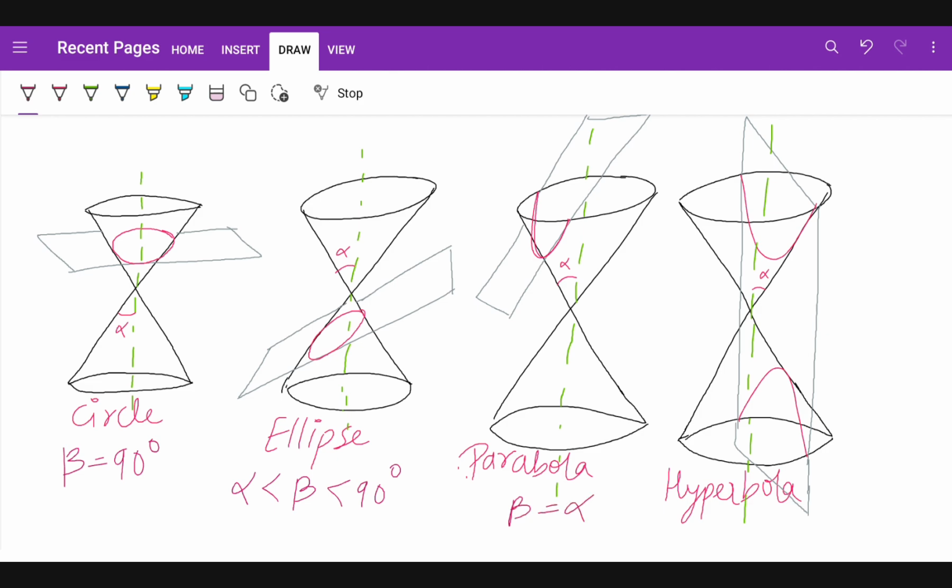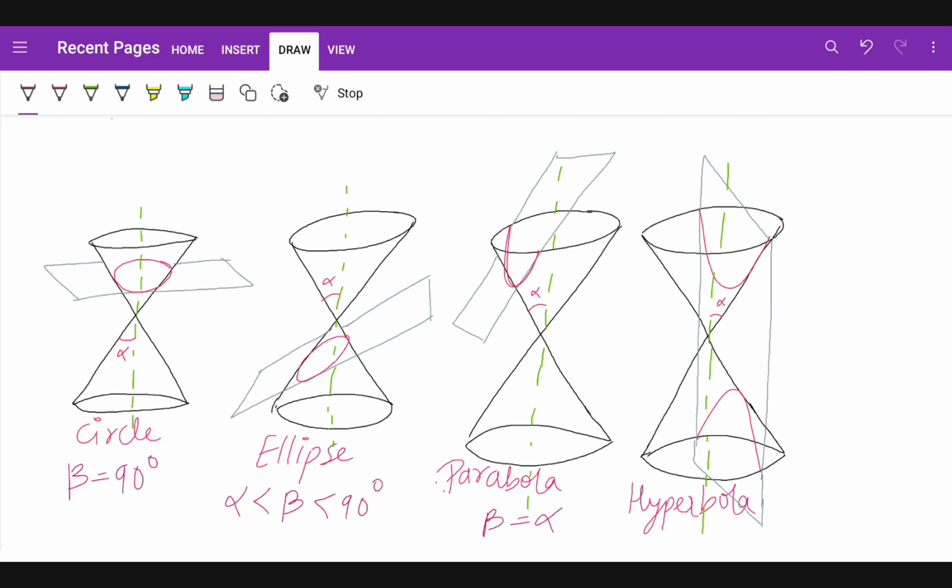In the case of a parabola, this plane will appear parallel to these lines, and it will only cut either the upper half or the lower half cone.